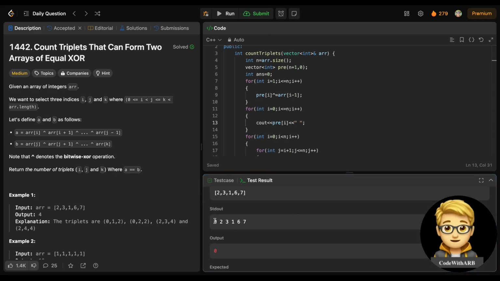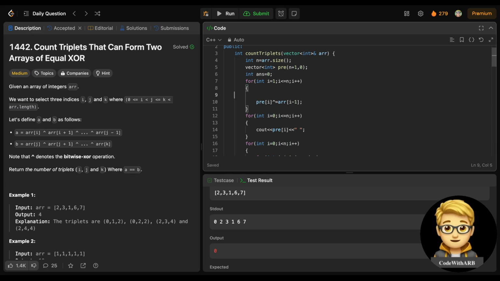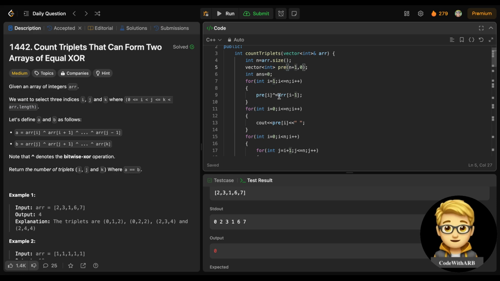So this is coming 0 2 3 1 6 7. I think that would not be correct, because this is coming wrong. Okay, I'm not taking this pre i, right?